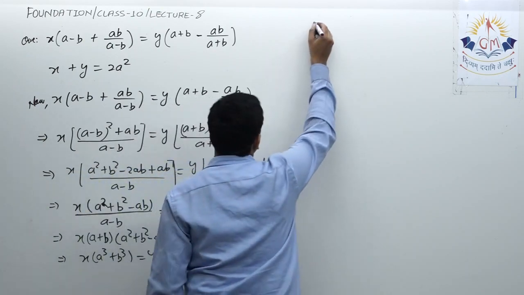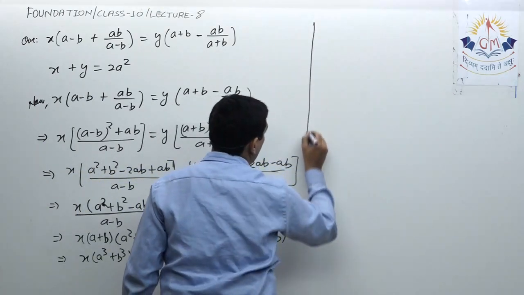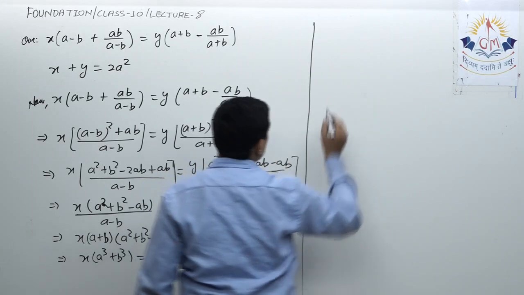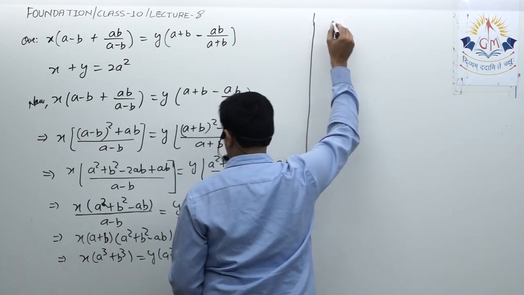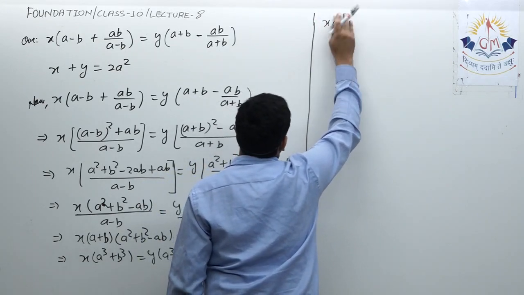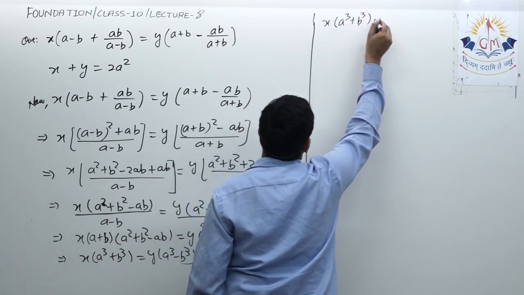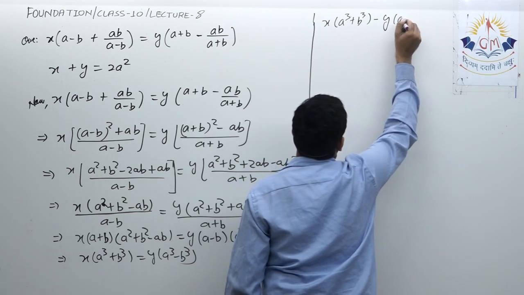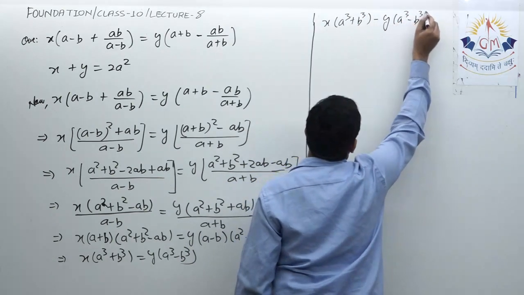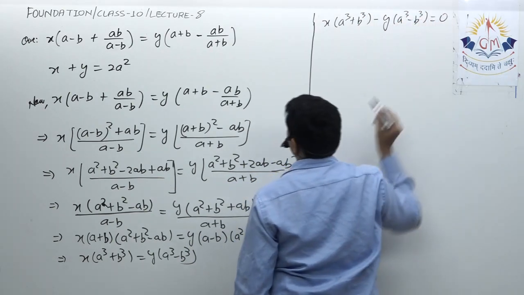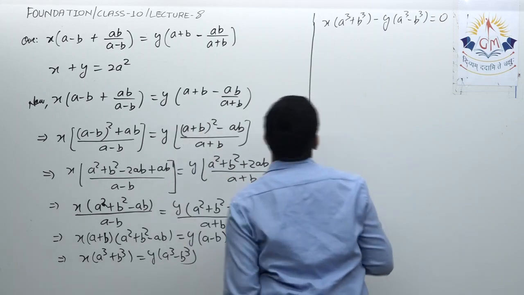So ultimately here I am going to write my first equation. So I have x into (a cube plus b cube) minus y into (a cube minus b cube) is equal to 0, and x plus y.